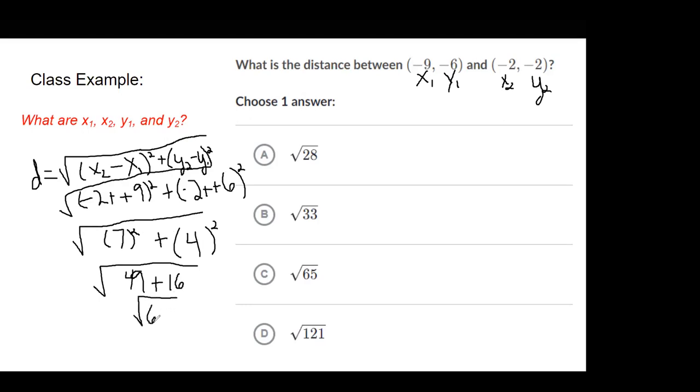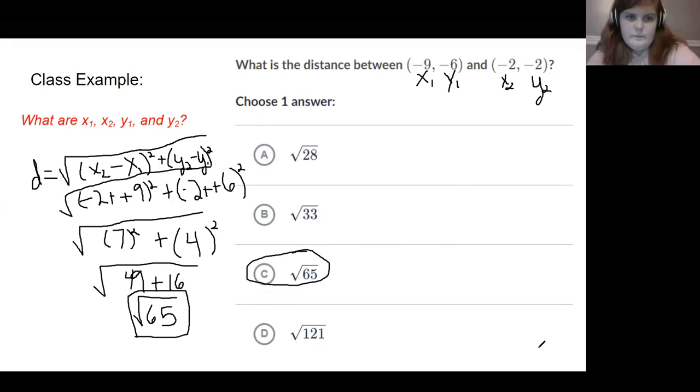Good, 65. Why do you think they didn't take the square root of it? It is the distance between those two points, but why do you think? The final answer, what's the answer? 65. Yeah, you're right.